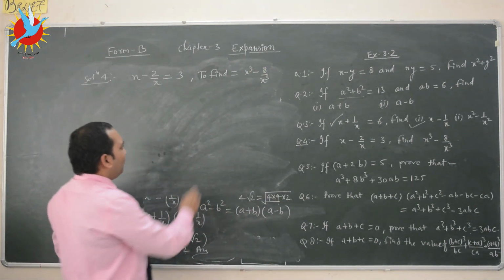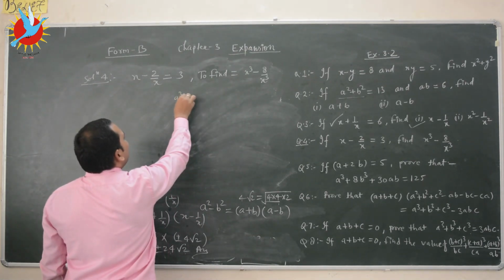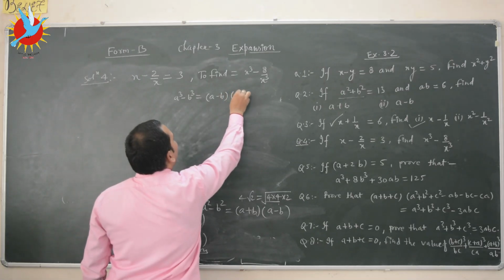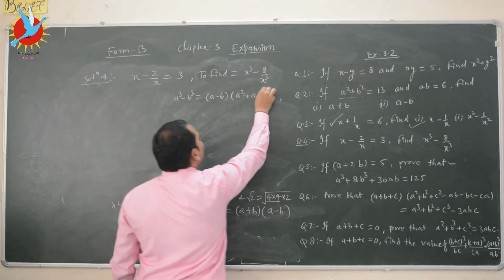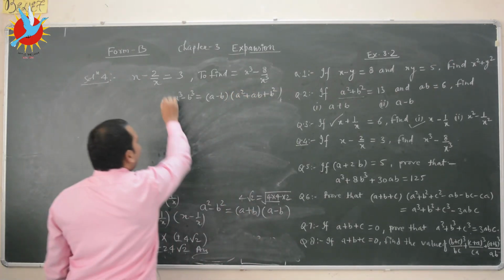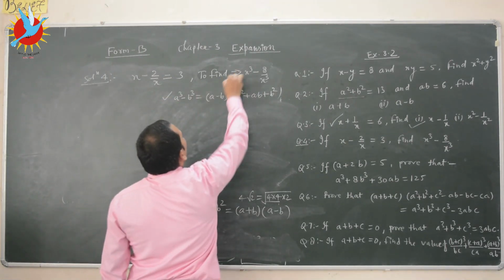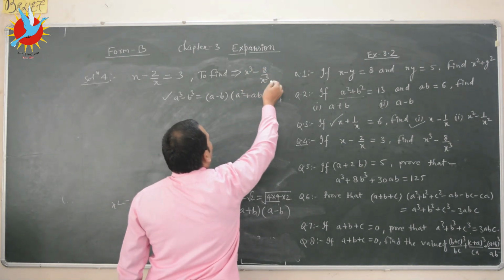So we know one formula: a cube minus b cube is equal to a minus b in the other bracket a square plus ab plus b square. This is the formula for a cube minus b cube.